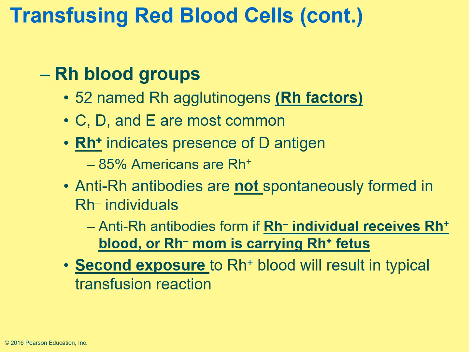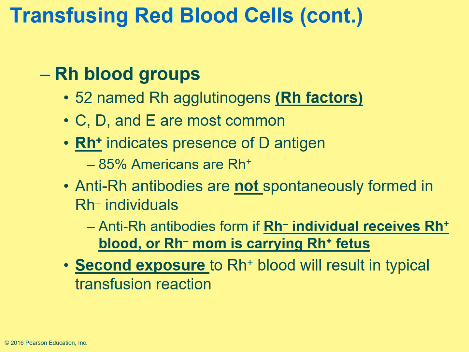The Rh blood group, there are different markers known as Rh factors. There's 52 of them, and the most common ones are C, D, and E. When we talk about the Rh factor, usually what we're referring to is the D antigen.